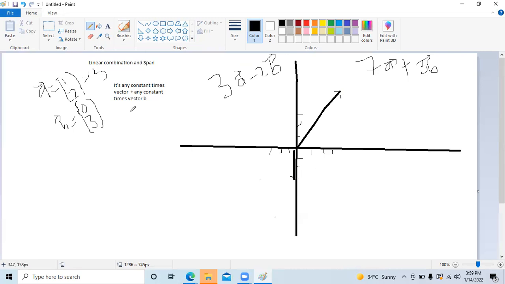Excuse me. We are multiplying b by 2, so 2b would come something like this. So this full length is going to be b.